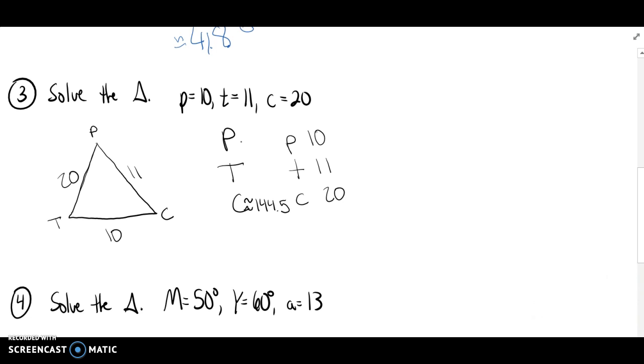And so we got angle P to be approximately 16.9 degrees. And then we stored our angles in our calculator so we could add them up and subtract that number from 180 to get T to be 18.6 degrees.